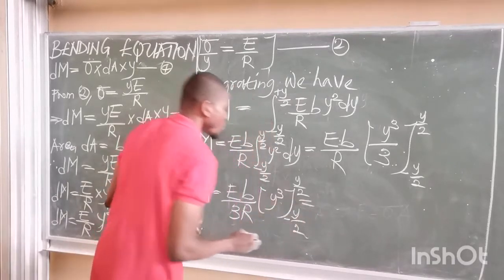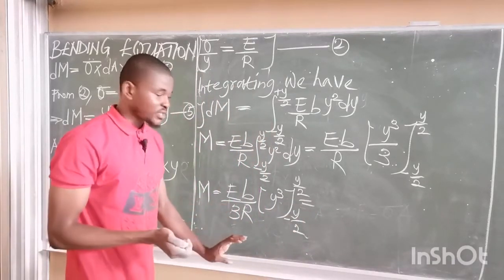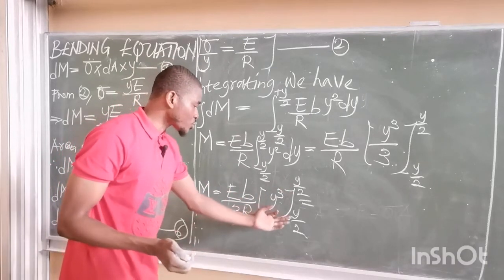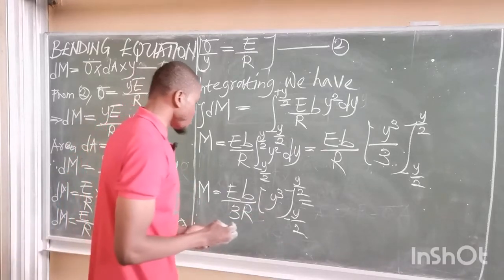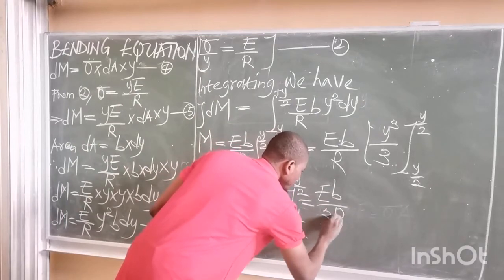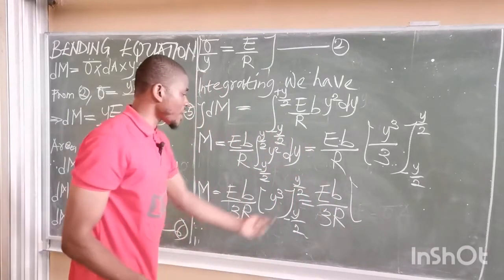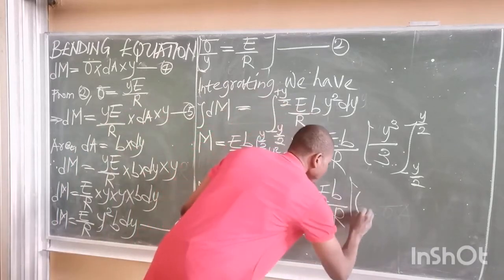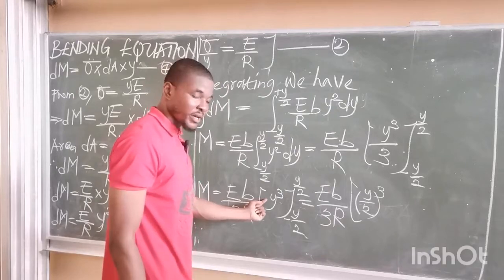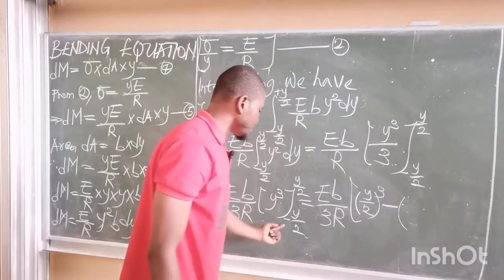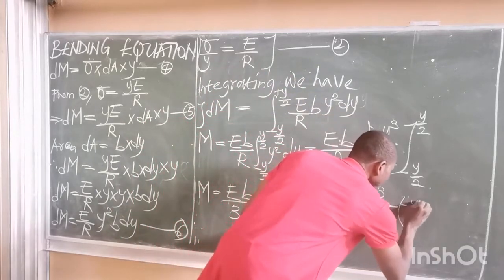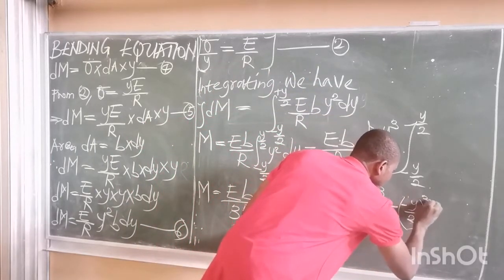This is now equal to, so we can now put in the limit of integration. We have the upper limit, which is y over 2. We have the lower limit, which is minus y over 2. Now, this is equal to E B over 3R. So we'll put in our limit. Upper limit comes first. That's simply y over 2 all to the power of 3, because we have y cube here. Remember the lower limit is simply minus y over 2, so we'll put there minus y over 2 all to the power of 3.